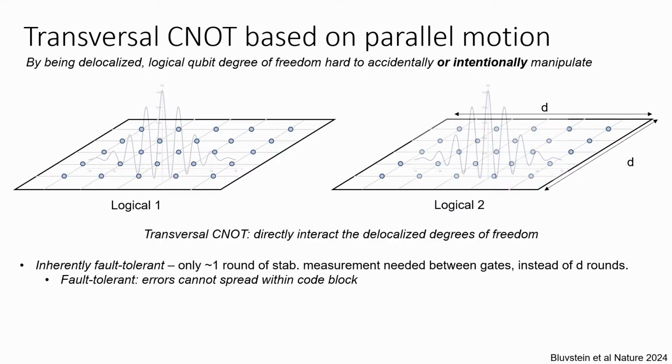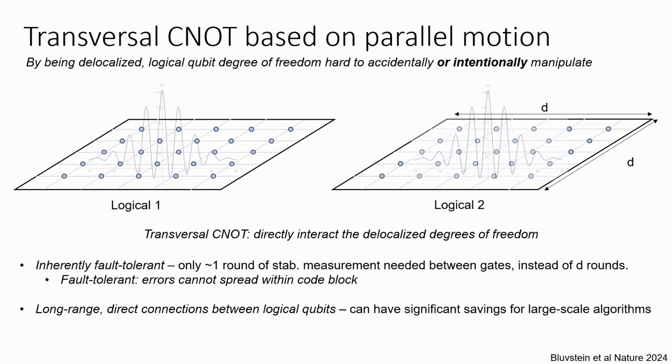So one is that this approach is inherently fault-tolerant. And what we now understand quite well is that this allows you to reduce the amount of error correction you have to do. You can go away from the so-called d rounds of error correction to do only roughly one round of stabilizer measurement needed between logical operations. Fault tolerance means that errors cannot spread within the code block in this context.